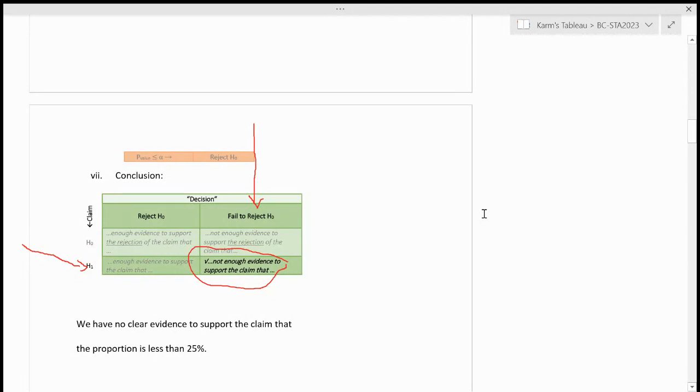because we're talking about a party where the critic said that less than 25% of people were black.